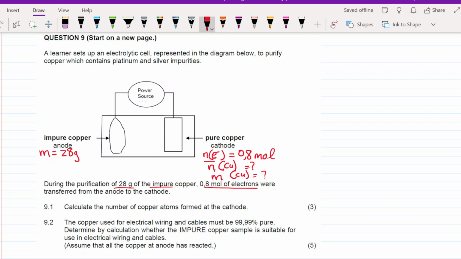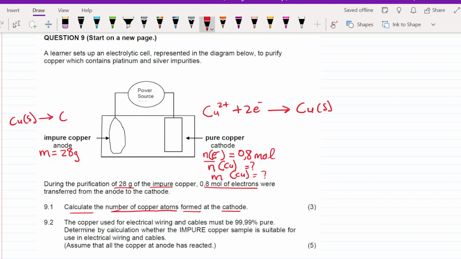So calculate the number of copper atoms formed at the cathode. So for 3 marks, the number of atoms of the copper. Remember this reaction of the copper. Let me first do the oxidation reaction. At the cathode is the reduction reaction. This is the reaction on the cathode. Now, this is the reaction on the anode.